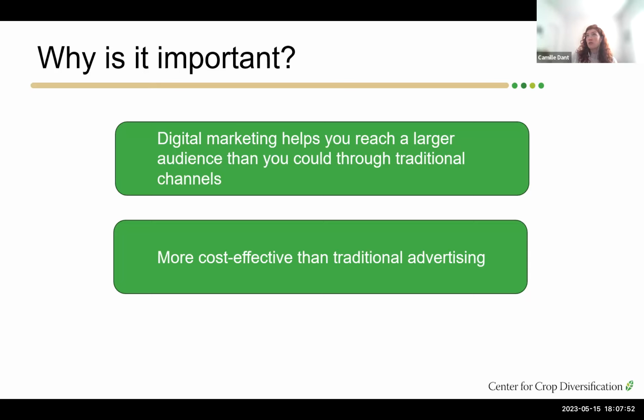Most all forms of social media or any form of digital marketing has just a base package for free. You can obviously pay more to get a little bit more advanced with some of these forms, but most all forms of digital marketing start with a free base package. So it can be very cost effective in that form because it's free.